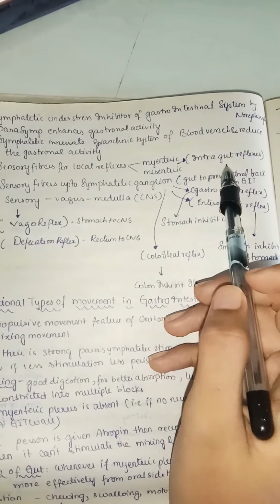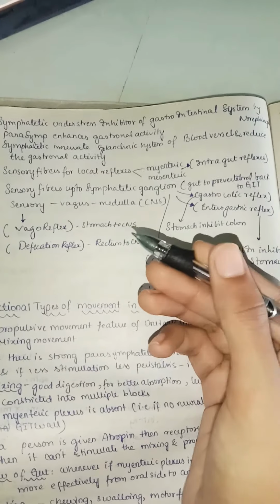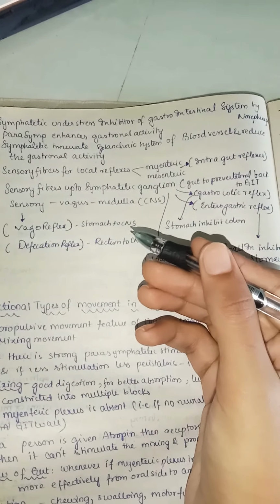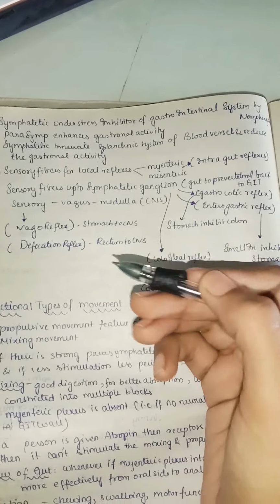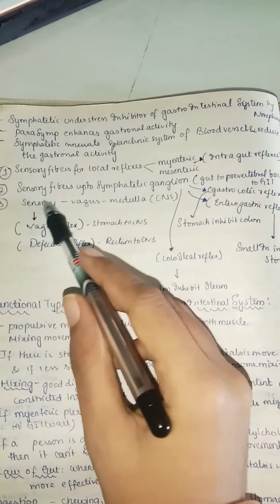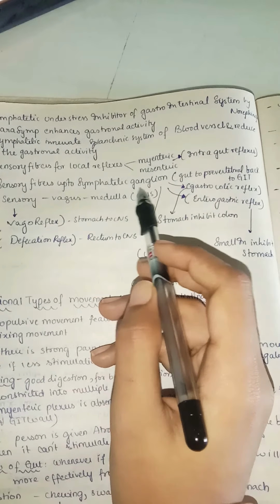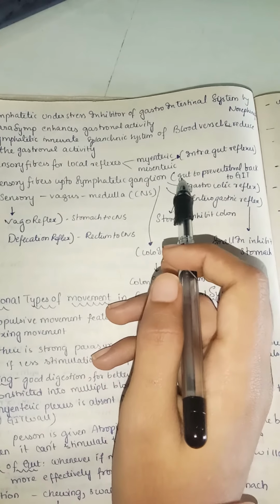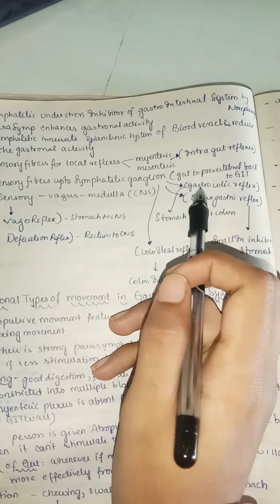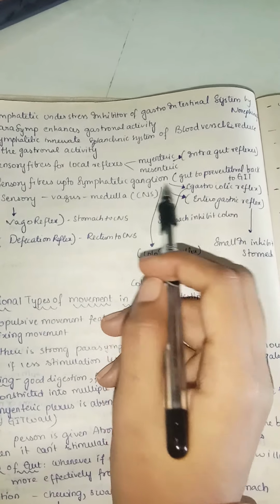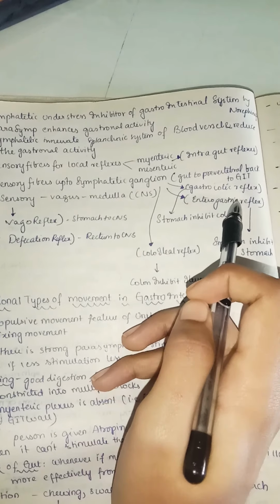We have intragut reflexes, meaning within the gut there are some reflexes which may either inhibit or enhance digestion. We also have sensory fibers up to the sympathetic ganglion, gut to prevertebral ganglion, back to the GIT, for the gastrocolic reflex and enterogastric reflex.